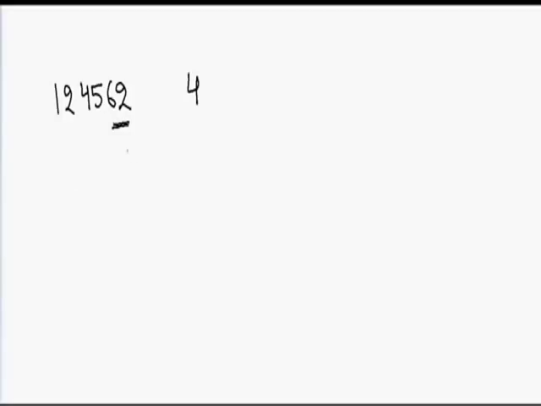So 62, if we try to divide 62 by 4, I'll get 1 and then I have 22 left. So that is not evenly divided by 4. So this number cannot be evenly divided by 4.